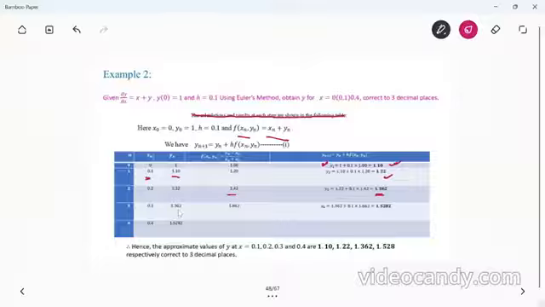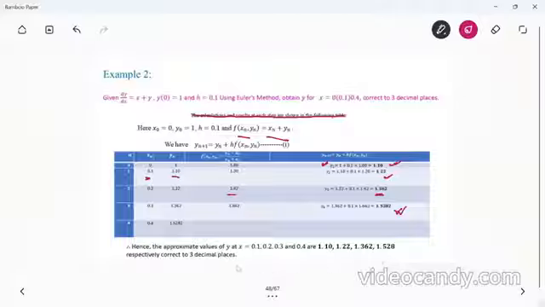Then we calculate f of x and y, that is 1.662. Again we use yn plus 1 equals yn plus h into f of xn, yn. So from y3 we can calculate y4. Hence the approximate values of y at x equals 0.1, 0.2, 0.3 and 0.4 are 1.10, 1.22, 1.362, 1.528.